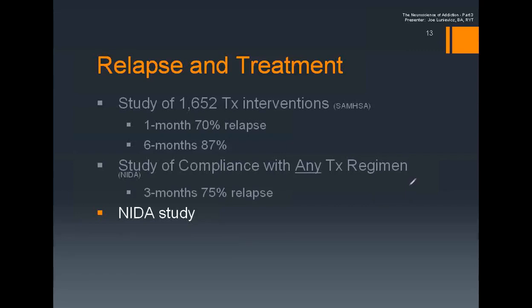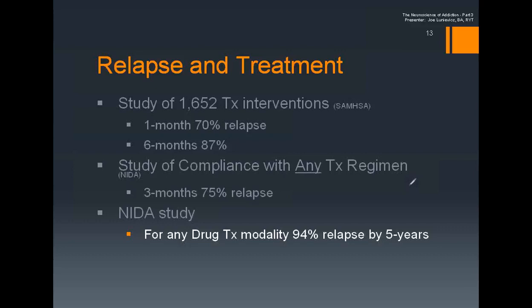That it is a chronic illness that takes place over time and for which, although relapse is not guaranteed, there is a high chance of relapse occurring at least once during recovery. And recovery is measured in stabilization periods with life occurrences which make stabilization less stable. So for any drug treatment modality, 94% relapse by 5 years. So just sit with that for a moment.